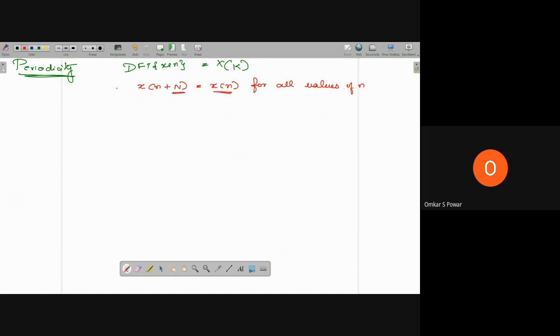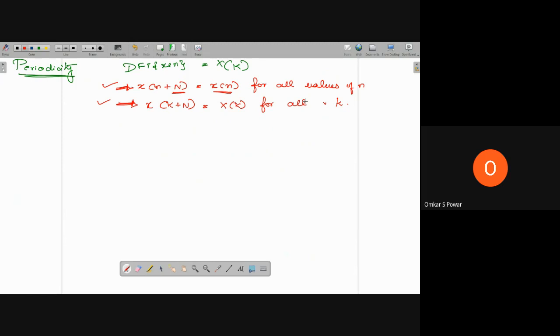So that's the meaning of the statement. Similarly, X of k plus N in the frequency domain, this one is the time domain and this is the frequency domain, is equal to X of k for all values of k. So the statement states that the sequence repeats after N number of samples.